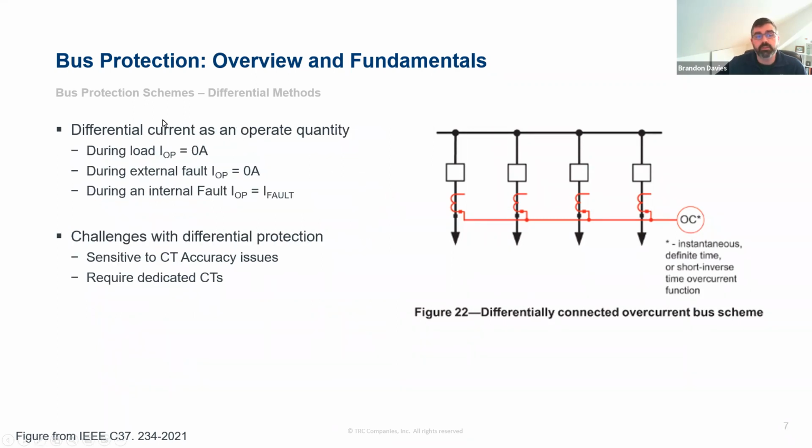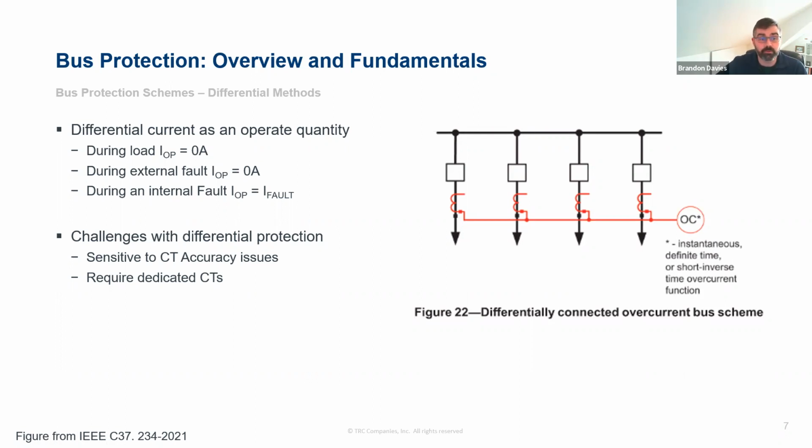So any of these differential type schemes are going to have this similar type of operation. You've got this IOP quantity, which would be the current going into, in this case, an overcurrent element. And that operate quantity, the differential operate quantity, during load is going to be 0 amps, because everything is going to sum together, and the currents going into the bus are going to cancel the currents going out of the bus.